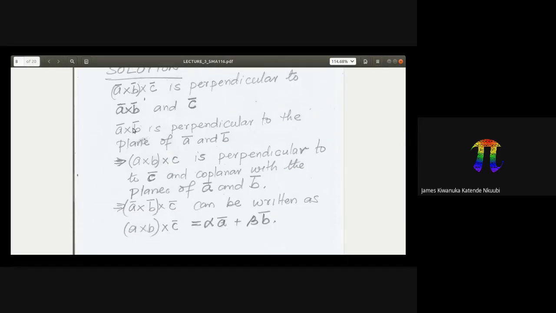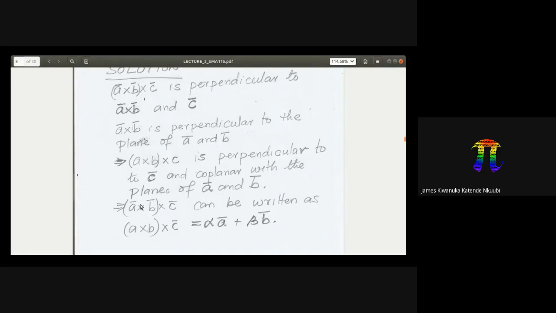So this means that A cross B is perpendicular to the plane of A and B, right? So this forces A cross B cross C to be perpendicular to C as well. And it must be in the same plane as A and B.